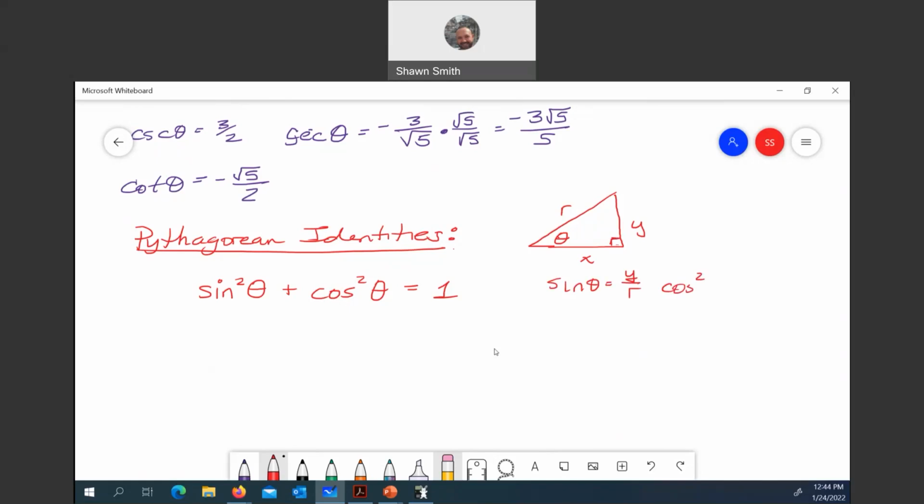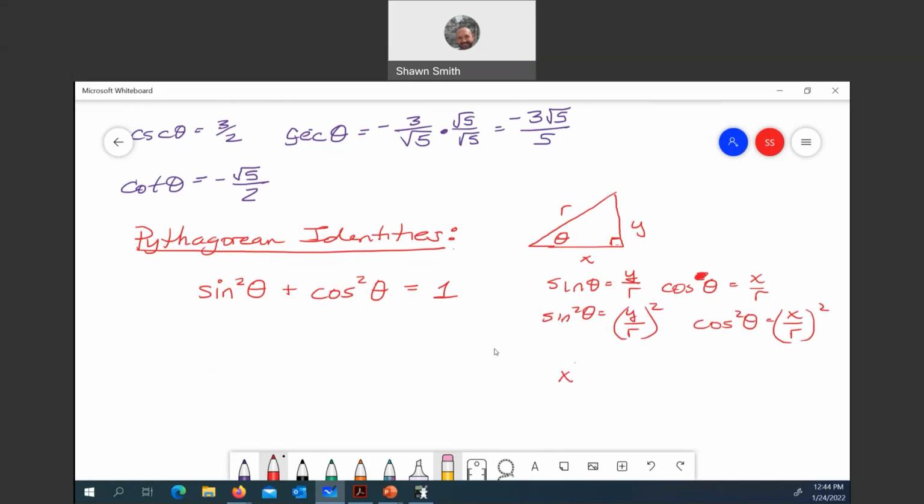The cosine of theta is x over r. So sine squared of theta is squaring this number. So that's y over r all squared. Same with cosine squared. It is x over r all squared.